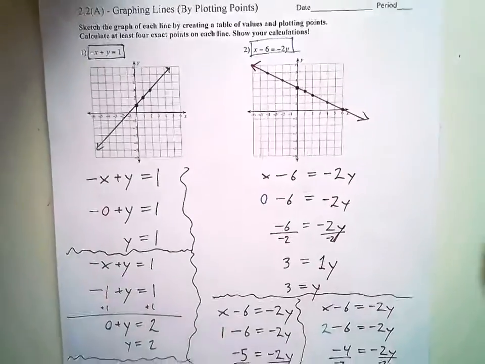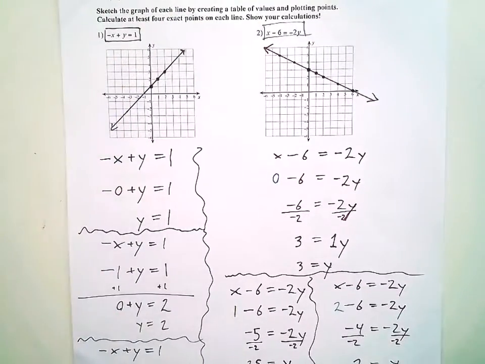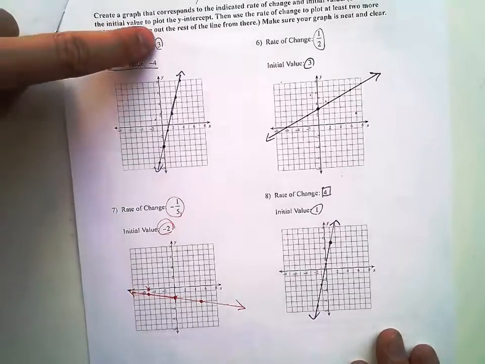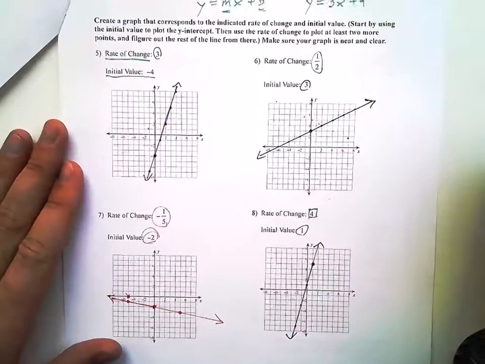And you can always do that, but it's really a lot easier if you just have these two numbers. You can draw it right away.